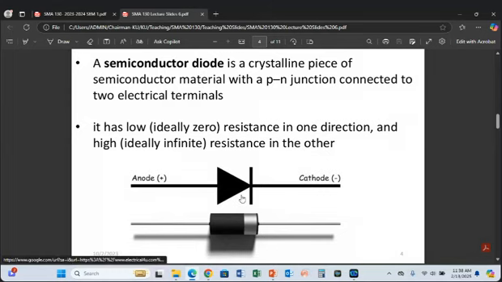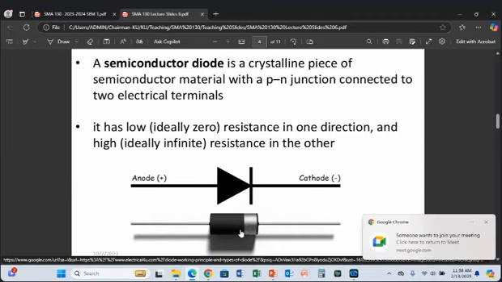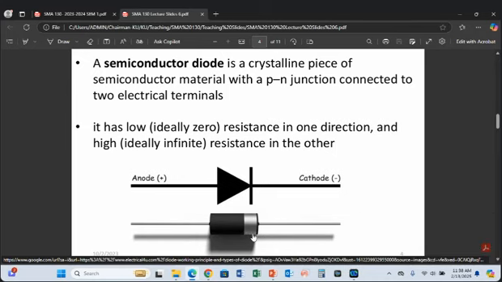Now, if you go to our labs and ask for a diode, you will be given a small device which looks like this. It is cylindrical in nature, and on one side there is a band. That side with a band shows which side is negative.